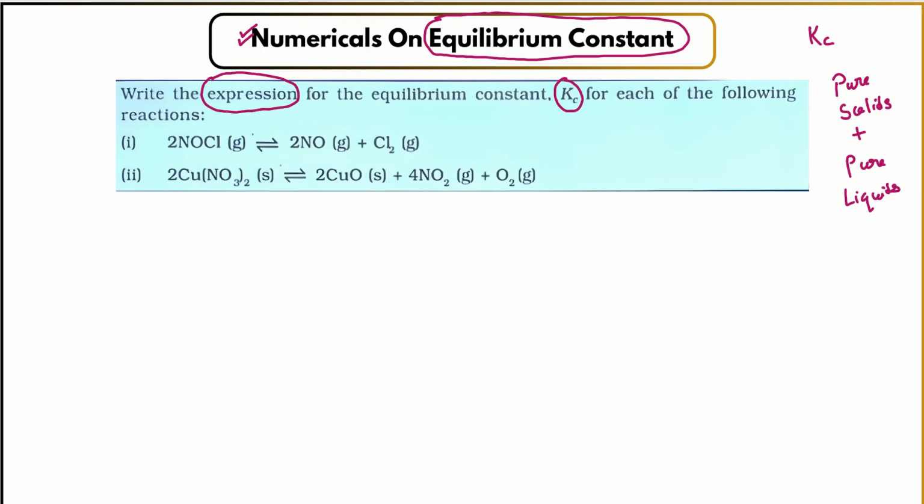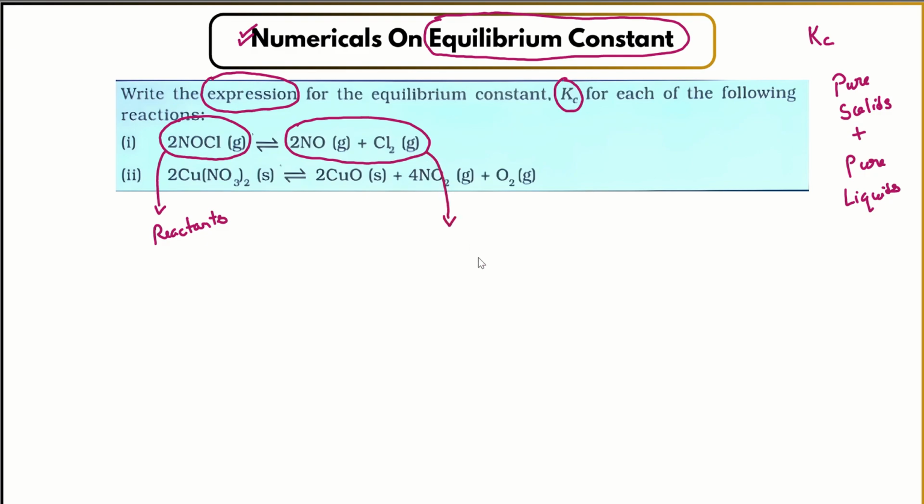Rule number 2, just remember guys, after looking for all these things, you know that the LHS side, left hand side, and the RHS side, right hand side, are divided by the equilibrium symbol. The LHS side denotes reactants, and the RHS side is the products of the reaction.